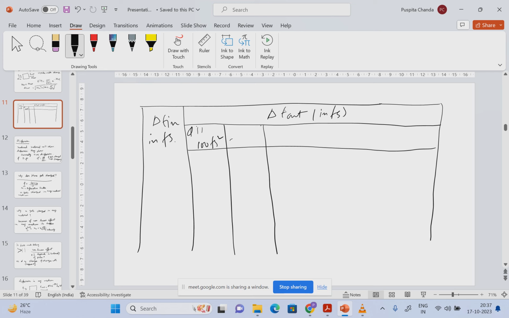If 200 femtosecond square, 500 femtosecond square, 1000 femtosecond square, 2000 femtosecond square.